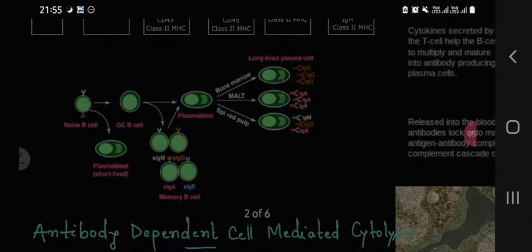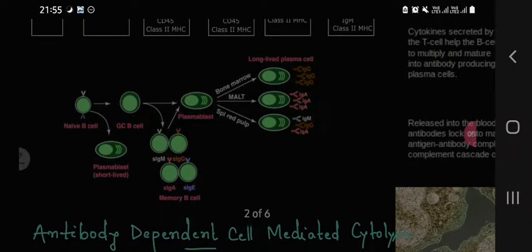Naive B cells, GCB cells, plasmablast short-lived, memory B cells, bone marrow, MALT (mucosal associated lymphoid tissue), spleen red pulp: IgG, IgA, IgM. Spleen red pulp has long-lived plasma cells with IgM, IgG, IgA, and MALT has IgA and bone marrow IgG.